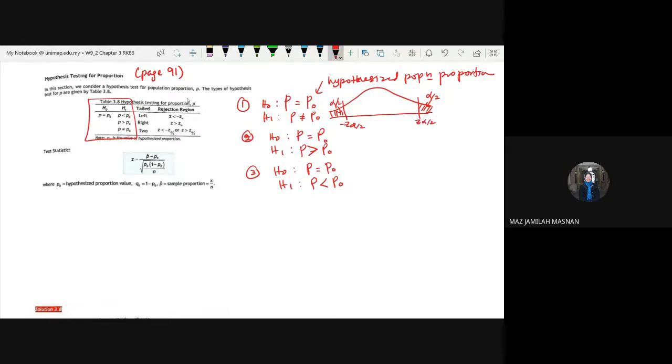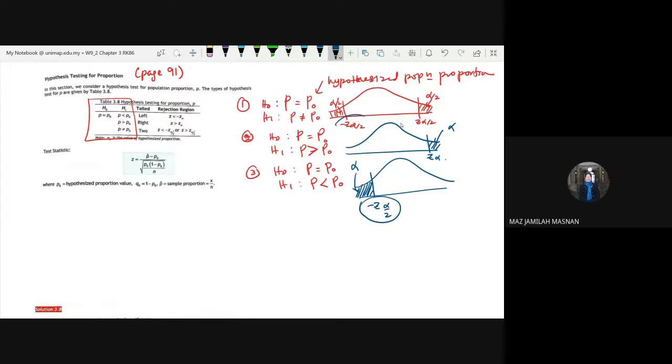For this one, you are talking about a right tail test. So this will be your alpha and this is your Z alpha. And for a left tail test, this is your alpha and this is your negative Z alpha. Whenever you are dealing with a left tail test, don't forget the negative value.